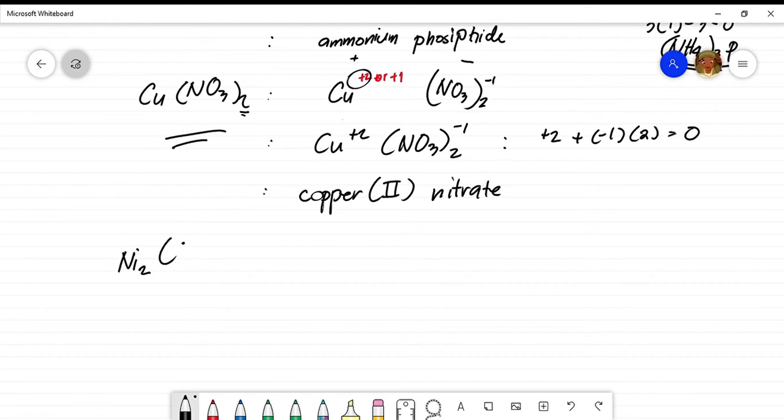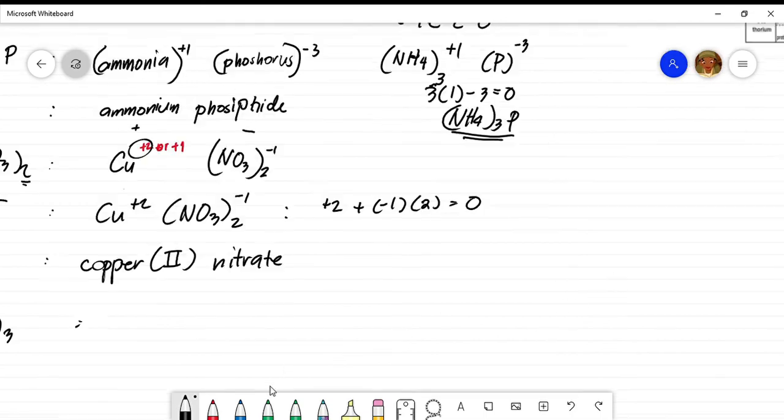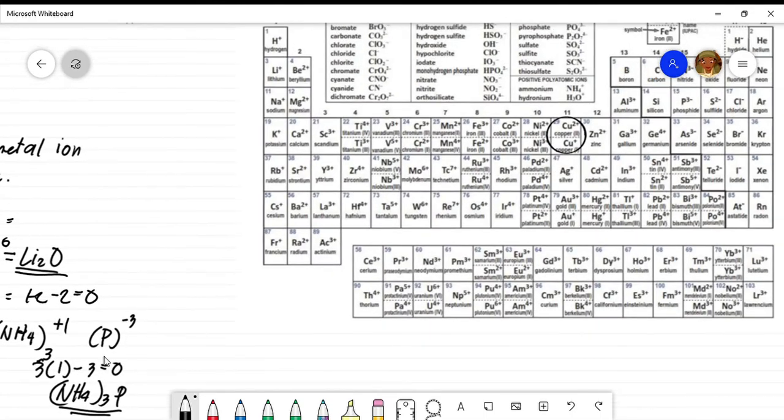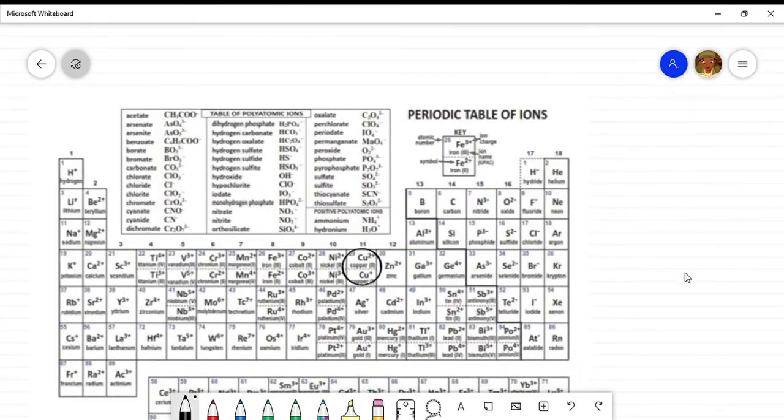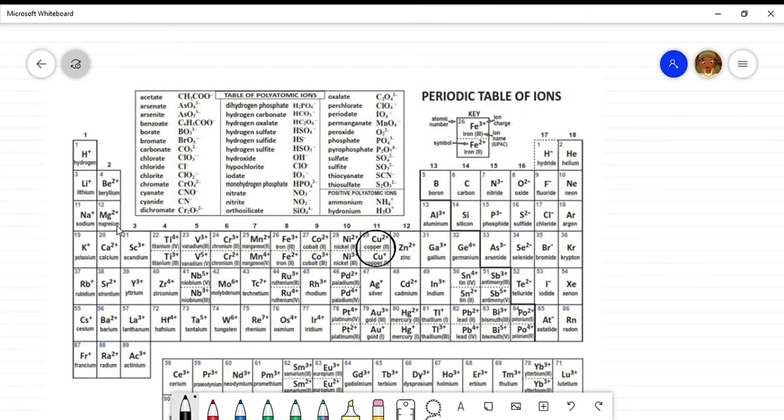So the third example would be Ni2(SO3)3. Let's examine this one. We have Ni, this is nickel. It should be positive, it's a cation, so we're looking for a positive charge.